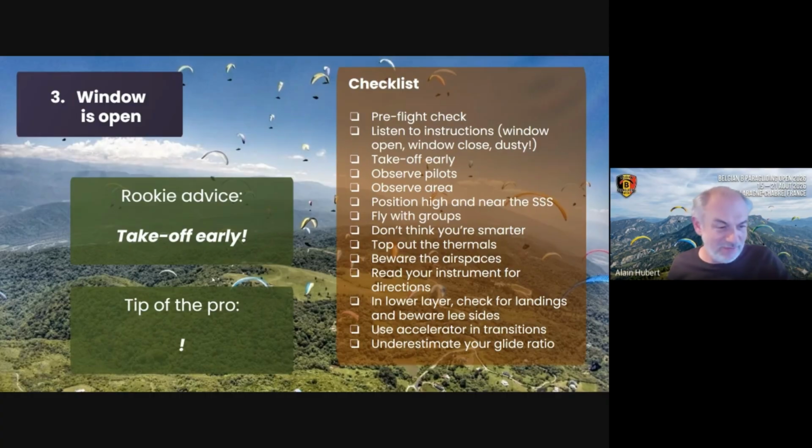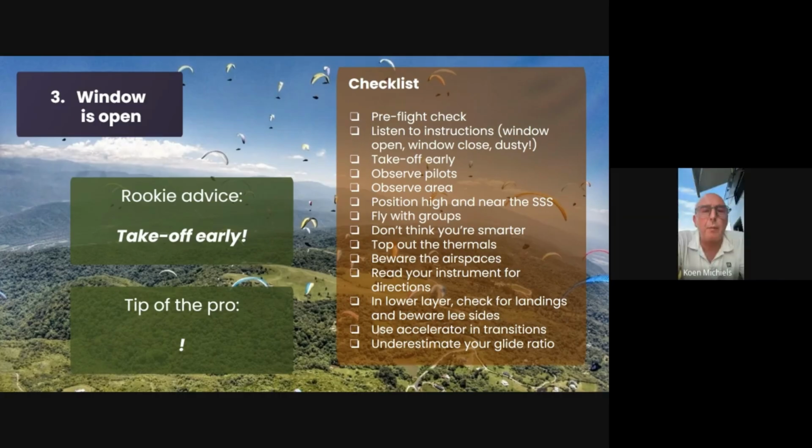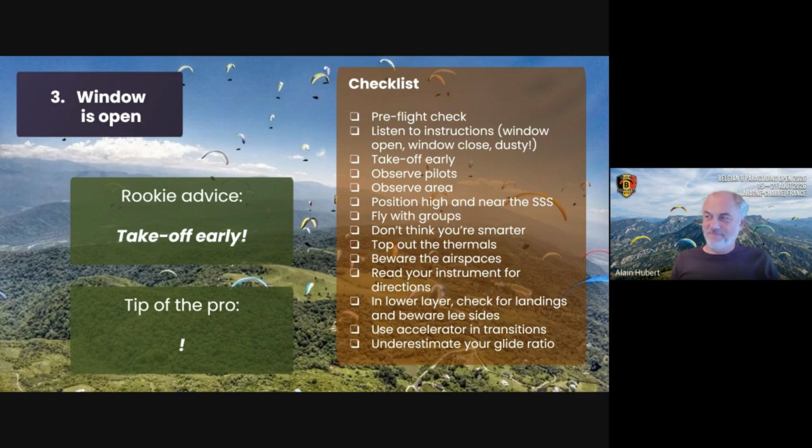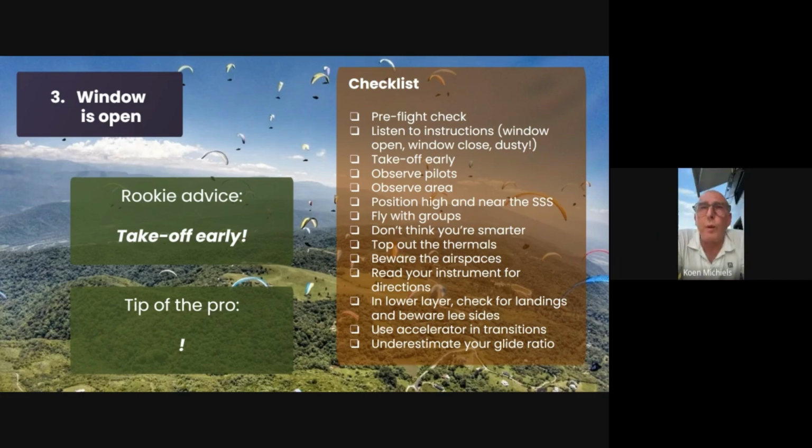Koen, do you have any advice? Yes, I would say the same. It's more important to reach the goal than to be fast. And very important, stay with the group. If you are with a group of 3-4 gliders, it's easier to reach the goal.